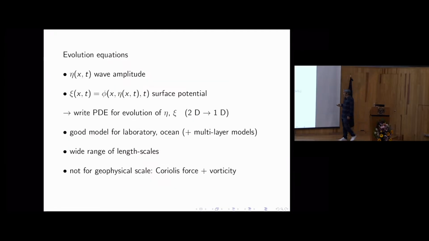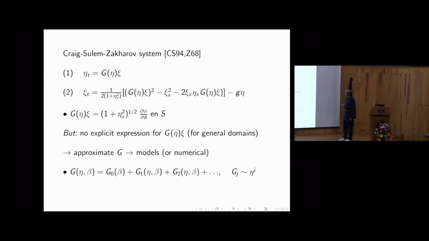But the point is that here we see something that has been assumed and has actually been shown, but I'm not going into details. The point is that this object can be expanded in homogeneous powers of the wave amplitude, and using, for example, this truncation, we just plug it in and get one model.